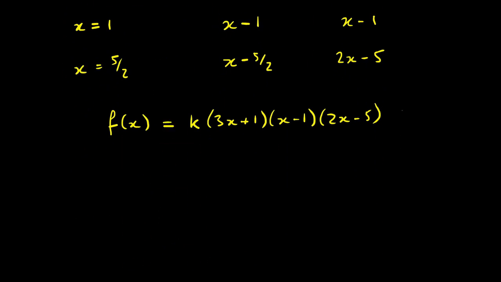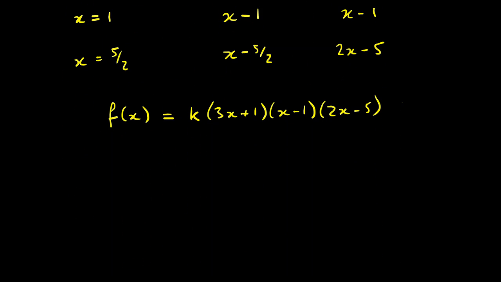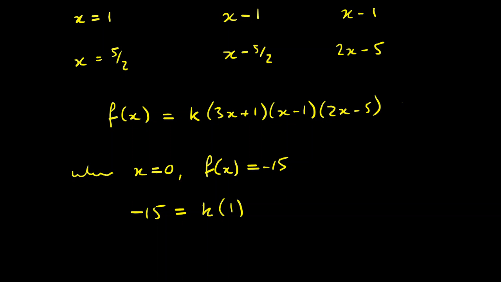What does that tell us? It tells us that when x is equal to 0, f of x is equal to negative 15. So why don't we just substitute that in? We get negative 15 is equal to k. 3 times 0 plus 1 is 1. 0 minus 1 is minus 1. And 2 times 0 is 0, minus 5 is minus 5.